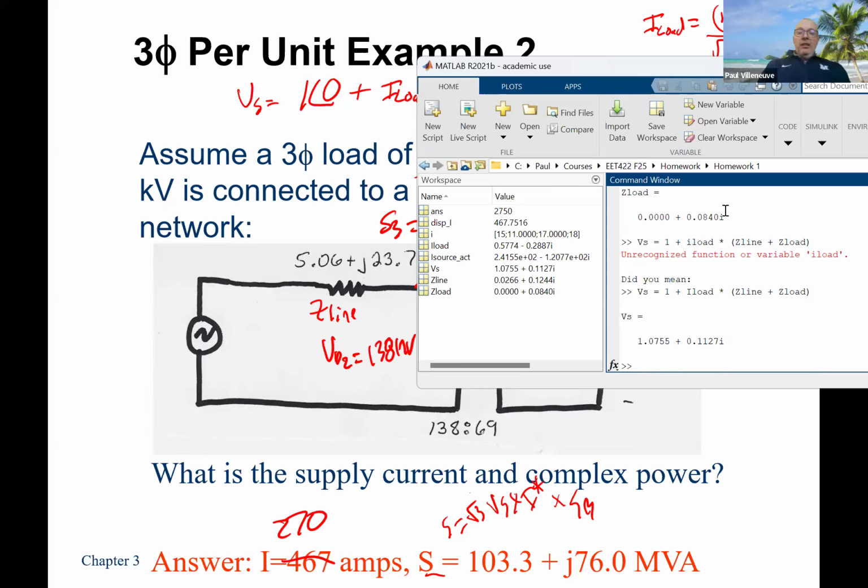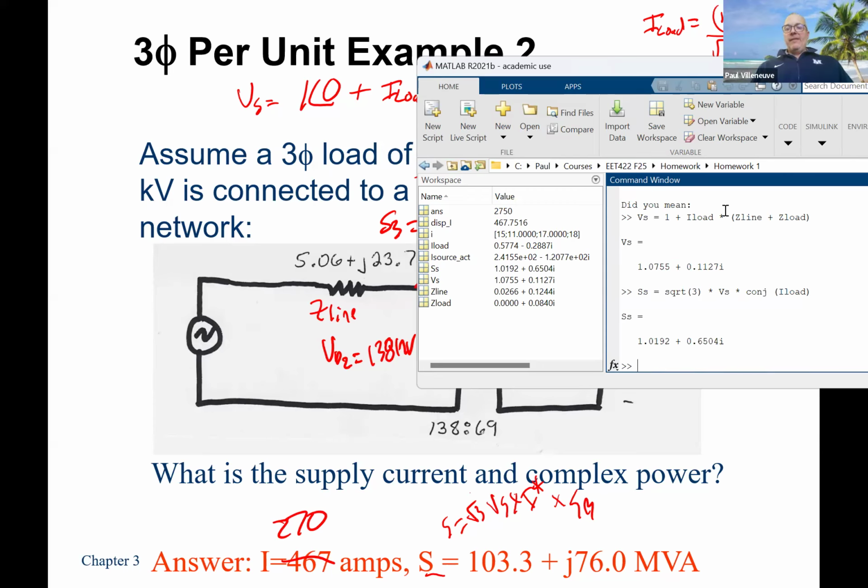Then I'm going to solve for S of my source, which is going to be equal to the square root of 3 times VS times the conjugate of I load. So 1.019. So the numbers are off a little bit, probably because of the precision.